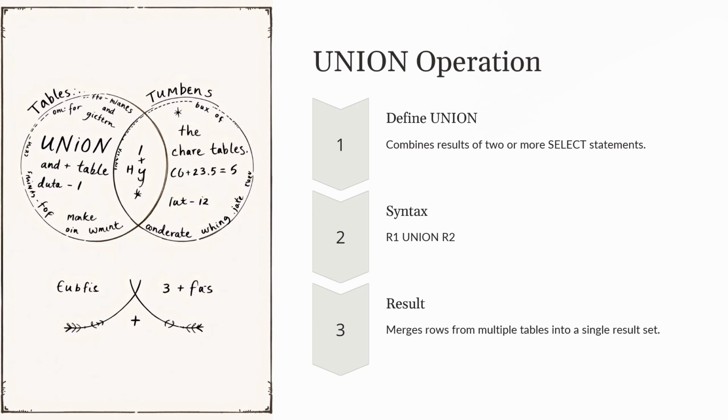So for example, select customer name from customers 2024, union all, select customer name from customers 2025. In this way, if the same customer exists in both 2024 and 2025, the result will keep the duplicates if you use union all instead of union.